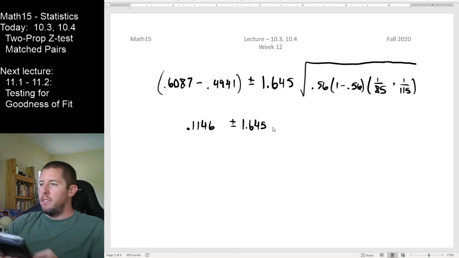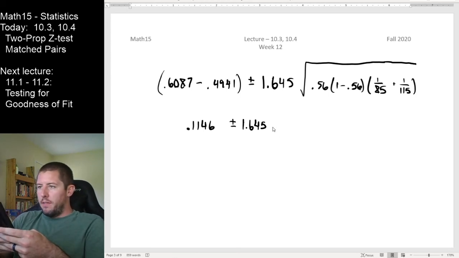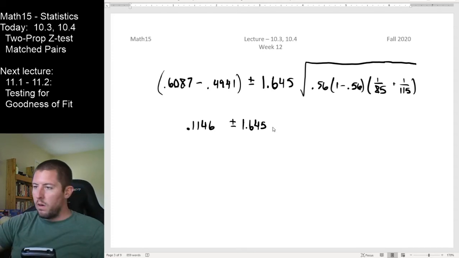I'm just going to leave my z right there, and let's go to the calculator for the stuff inside the square root. 0.56 times 1 minus 0.56 times, let's see, 1 over 85 plus 1 over 115. And I am getting 0.00504.